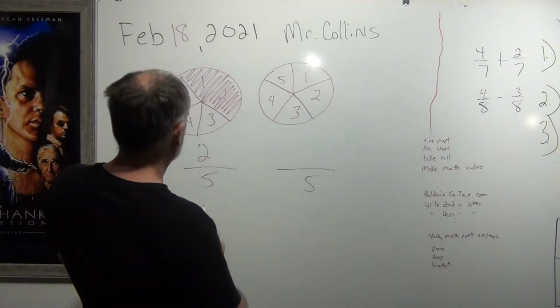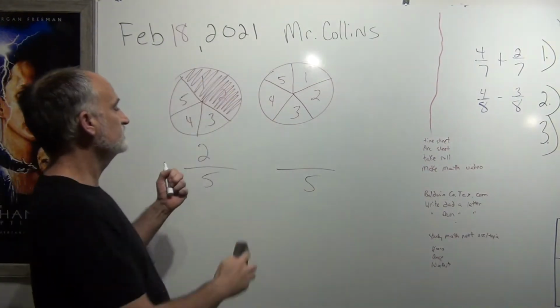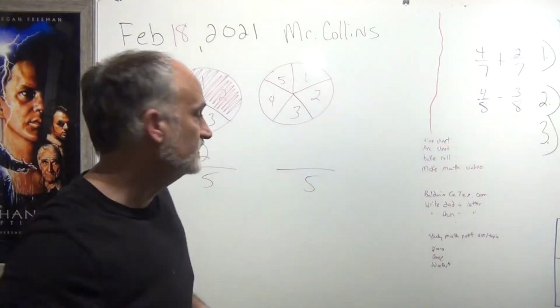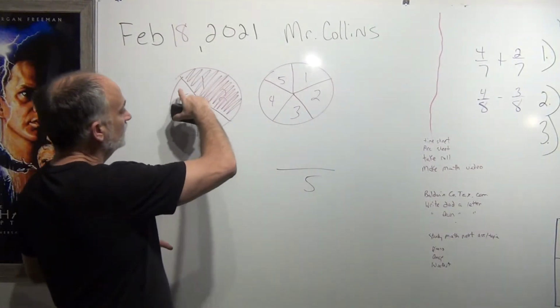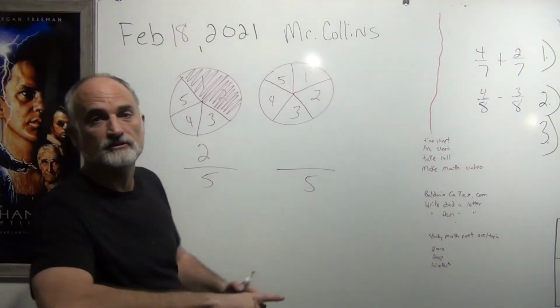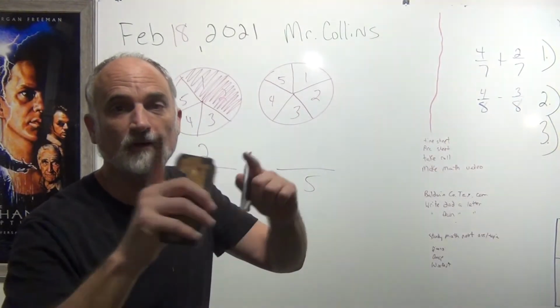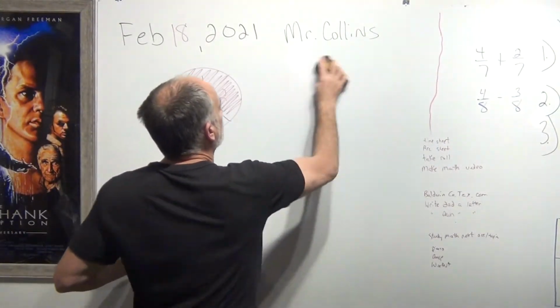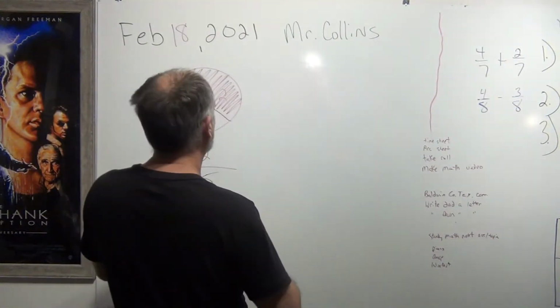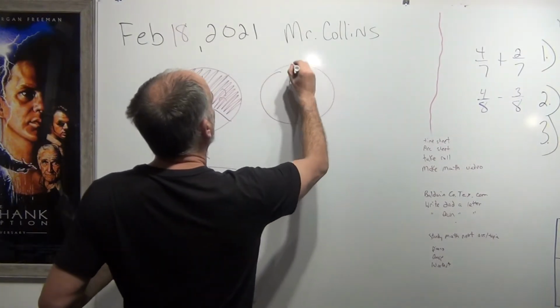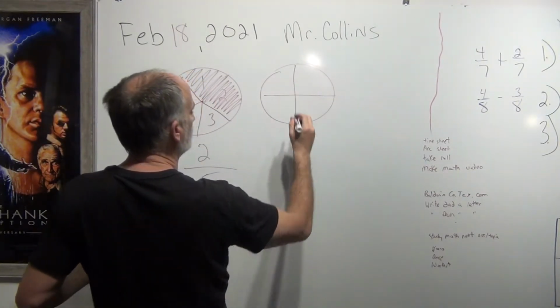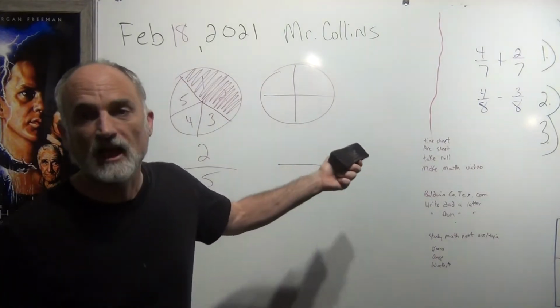Now, numerator is how many pieces we're discussing. Denominator is the total number of them all. So look, what if I do this? What's going to be my denominator?